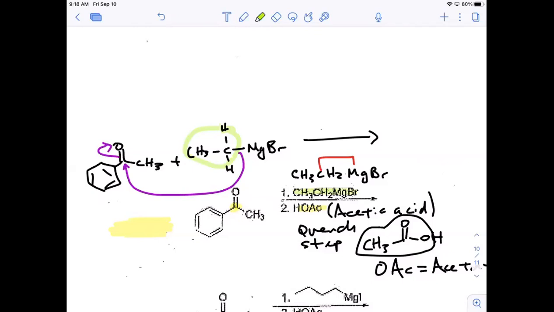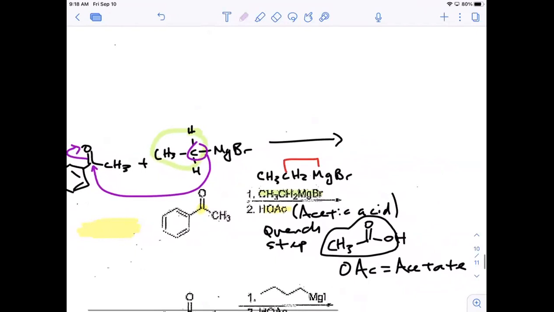It's important not to do that, because when you understand how the Grignard is set up and how the bonds are between that carbon and magnesium, then you know that the carbon right here is your nucleophile. It's this carbon, so anything bonded to that carbon is coming with it.